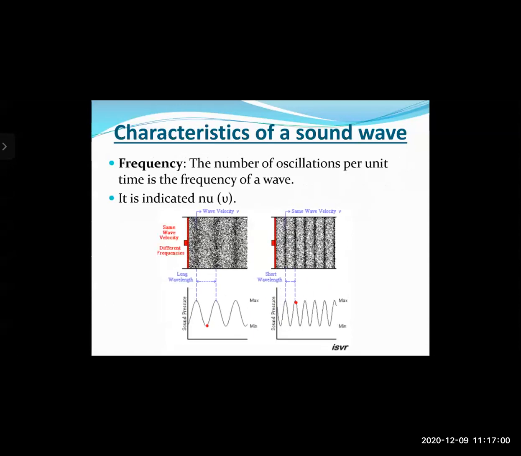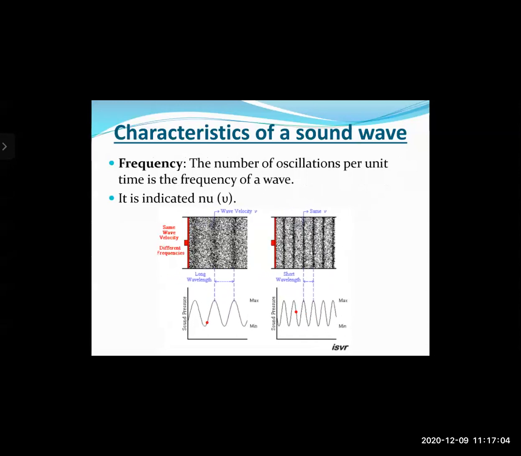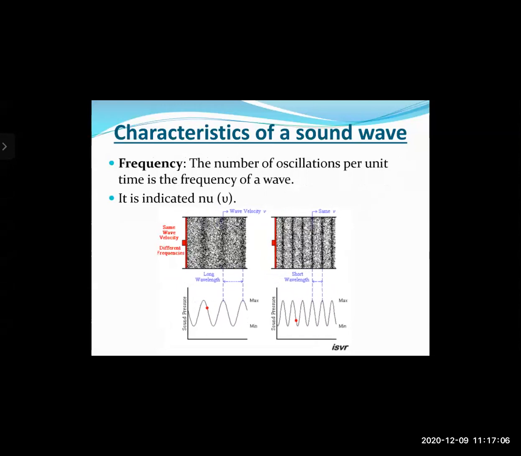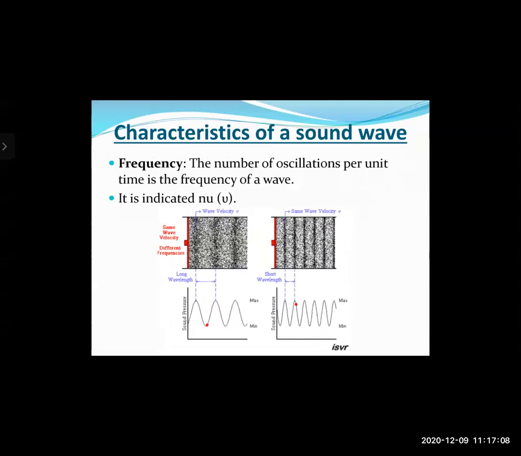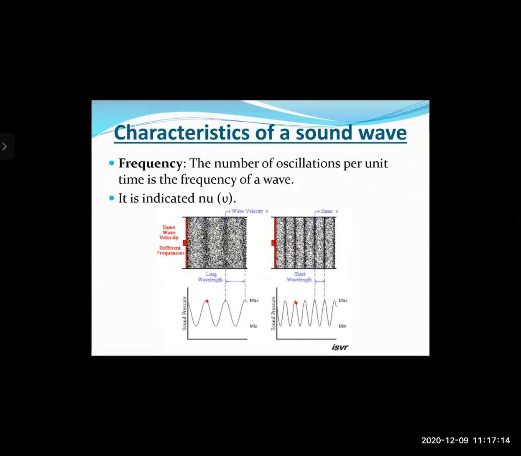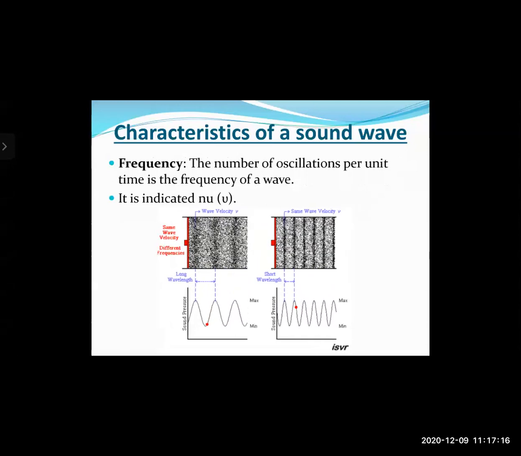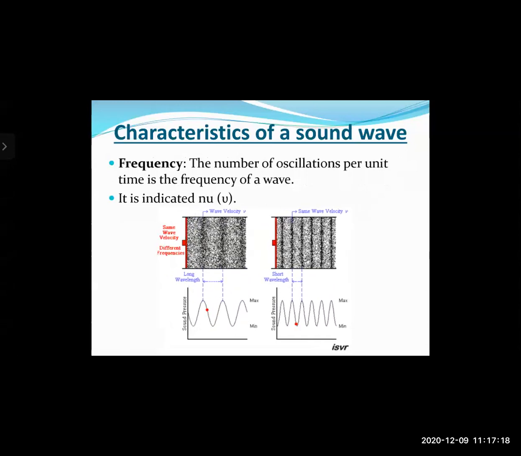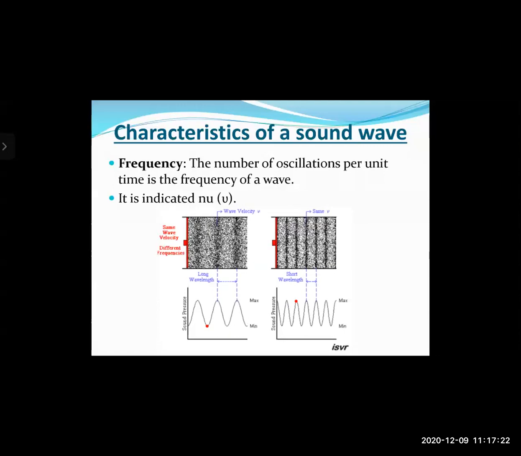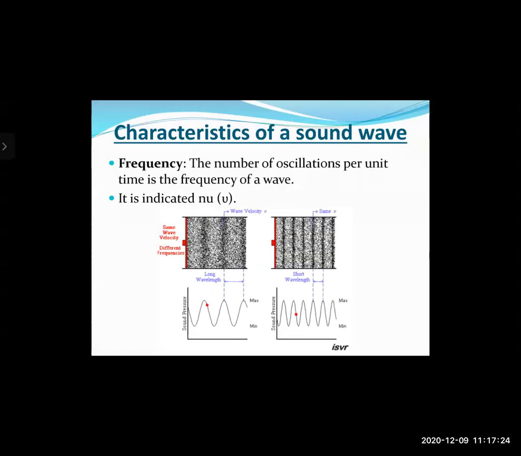Then next is frequency. Frequency is the number of oscillations per unit time. The symbol is nu and the unit is hertz. In a high frequency wave, the particles will vibrate faster. You can see the right hand side example. Whereas in a low frequency wave, the particles will vibrate slower, but the velocity of the wave will be the same.